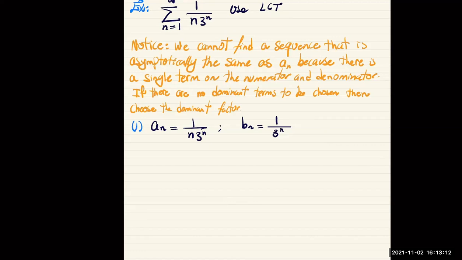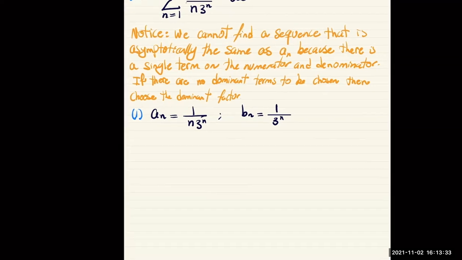Again, here the limit of a sub n to b sub n is not going to be 1, it's not, because I wasn't able to find a sequence that is asymptotically the same as this. B sub n is not going to be asymptotically the same as A sub n. So for the next step, you have to find the limit.